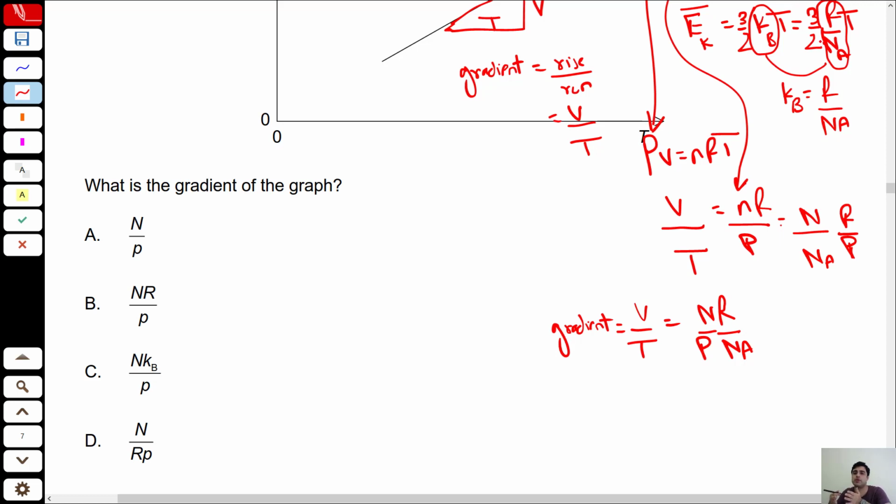So each specific term has to be equal on both sides. Like x equals x, y equals y, and whatever equals whatever. So R over NA is actually equal to kB. Do we have R over NA? Yes, we have R over NA. So we can replace this R over NA by kB. There we have it.